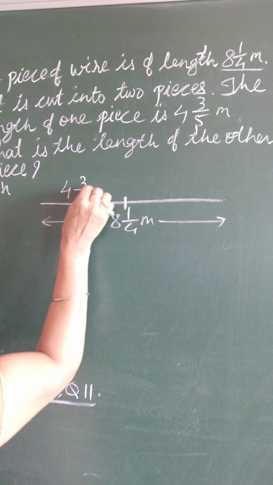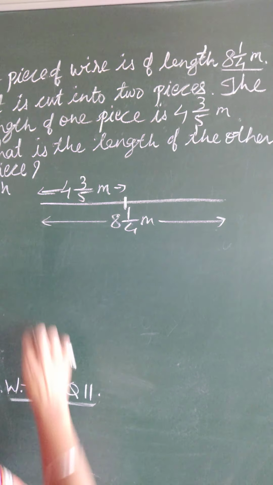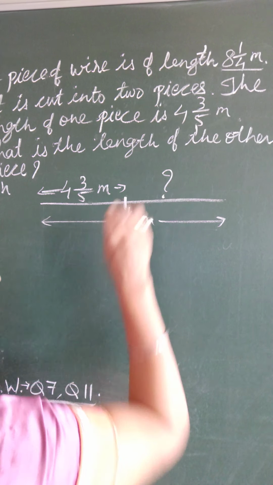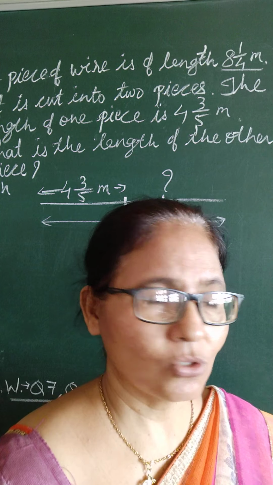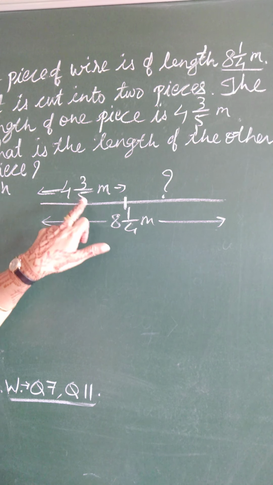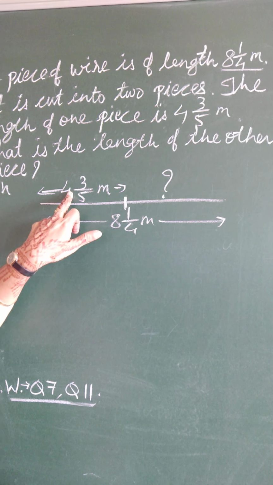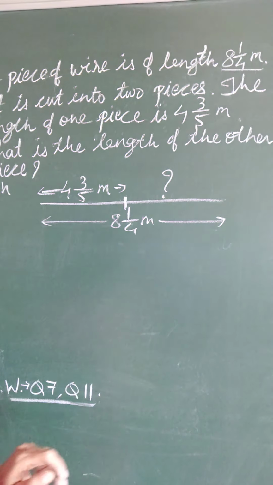So suppose this much is the length of one piece of the wire, and you have to find the other piece of the wire. So what will you do? You have to subtract 4 3/5 meter, means one piece of the wire, from the total length of the wire. Very easy.